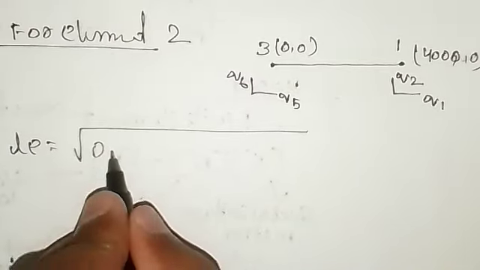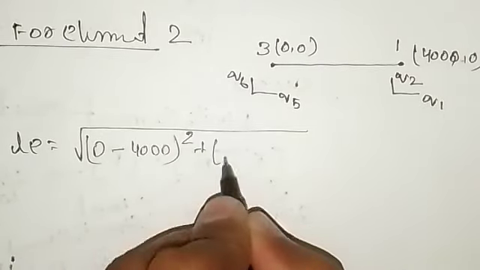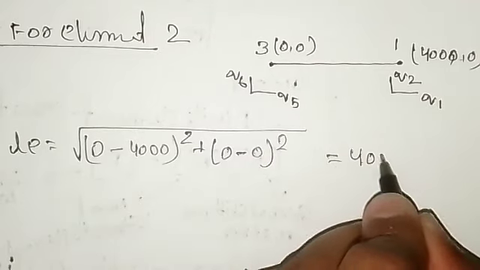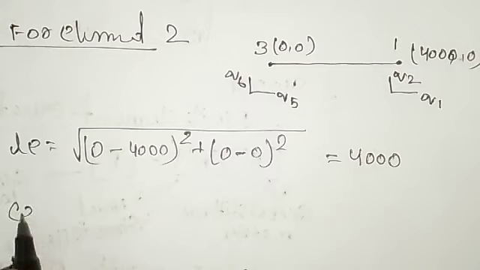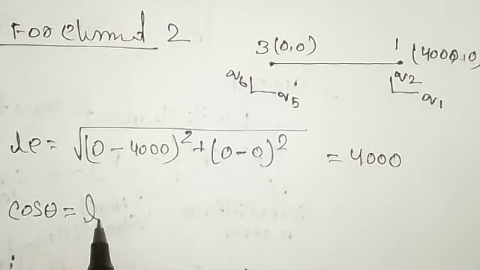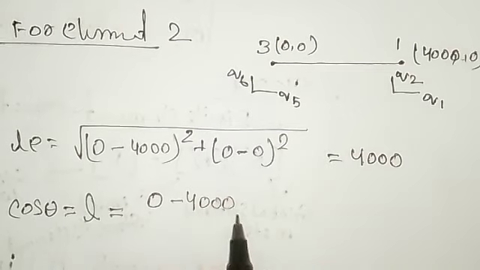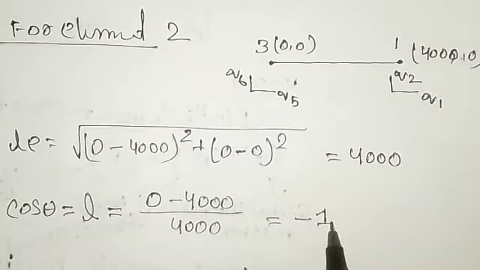All right, so it is what? 4000. LE we got. Then we'll find out the direction cosine, that is cos theta. Cos theta is equal to what? L, that is (x2 minus x1) by LE, 0 minus 4000 by 4000, right? It is equal to minus 1, right?